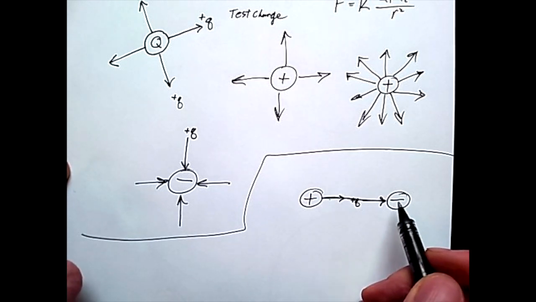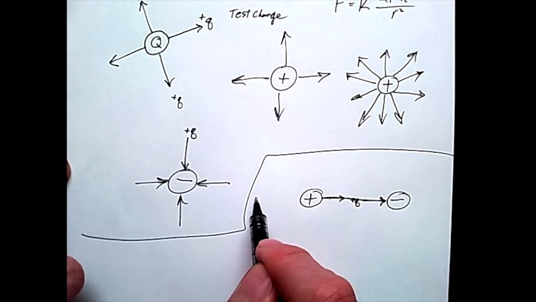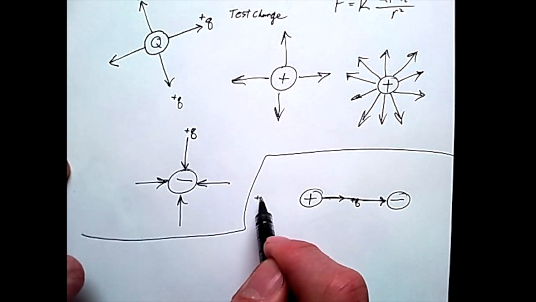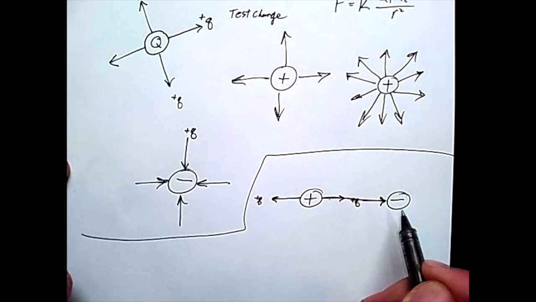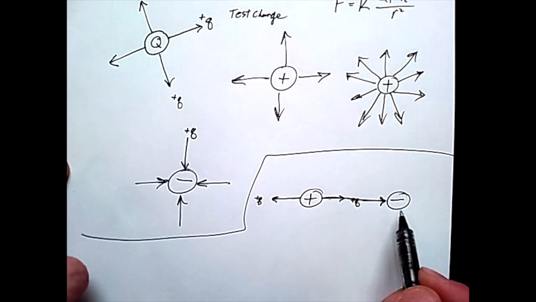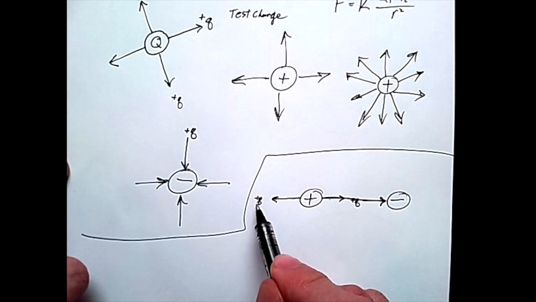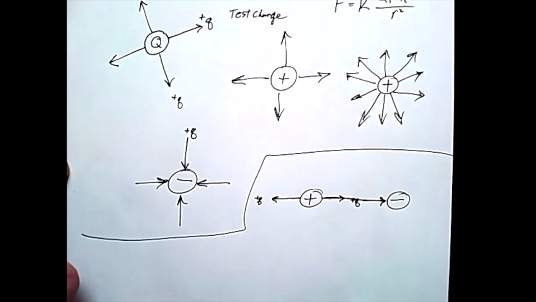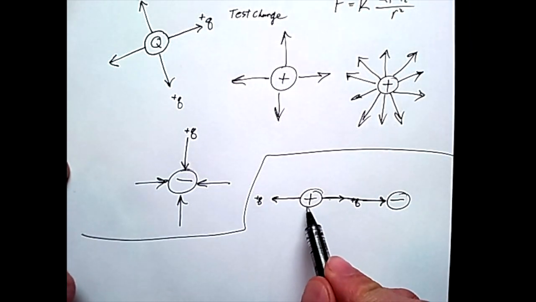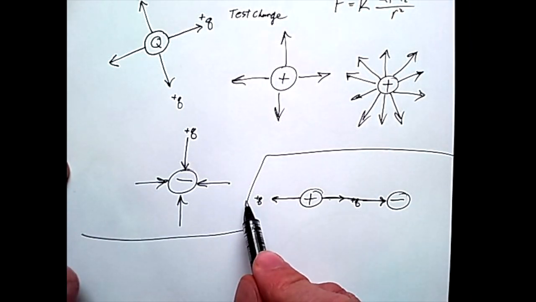Now, of course, if the positive charge was over here, positive Q, it would be repelled from positive and attracted to negative. However, the negative is further away from the test charge than the positive is away from the test charge. And of course, the relationship of force is an exponential to the distance, so the positive would win and the overall force would still be away.